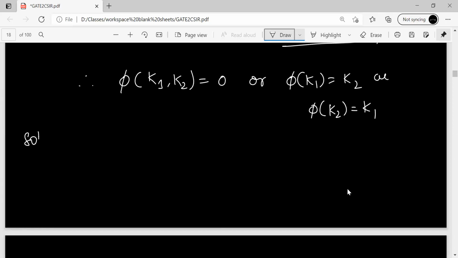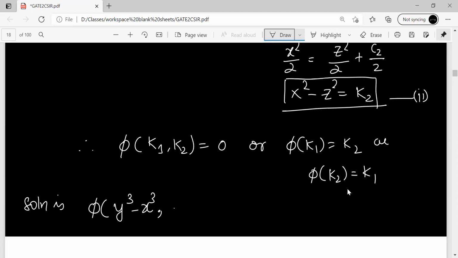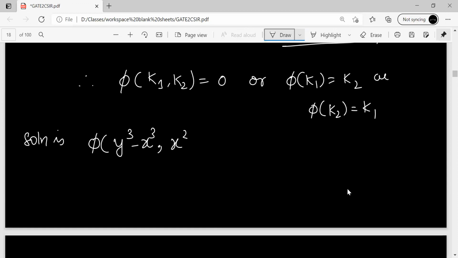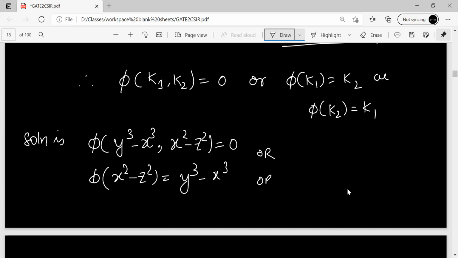So your solution would be phi of k1, k1 was y cube minus x cube, comma, and then k2 is x square minus z square, equal to 0. This is also a solution, or you can write down phi of x square minus z square equal to y cube minus x cube, or you can write down phi of y cube minus x cube equal to x square minus z square. So all three of them are solutions to this PDE.